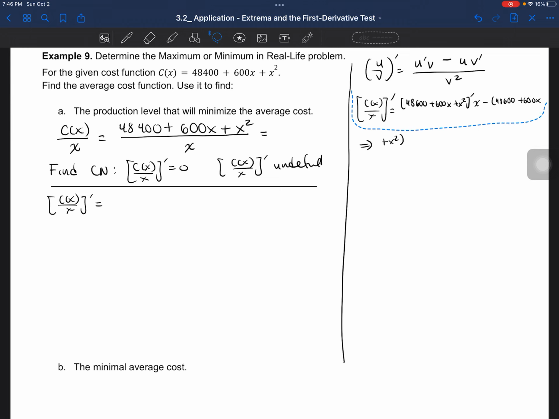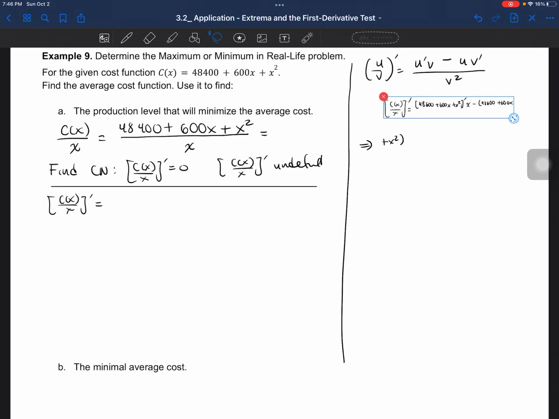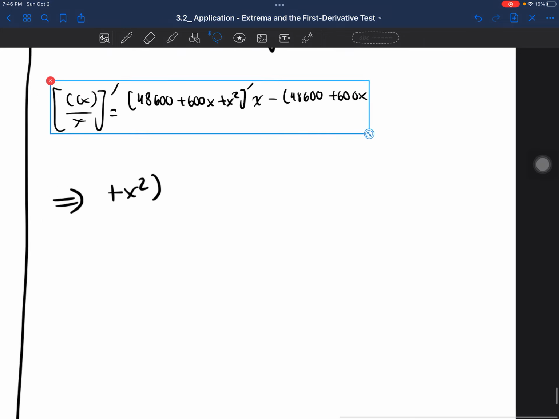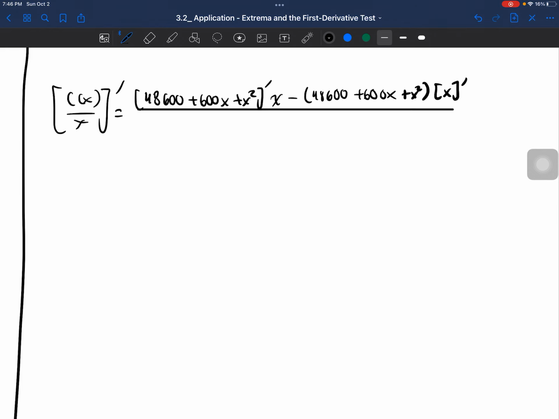Let's maybe make this even smaller and just zoom in here. So that would be plus x squared times the derivative of x. And then we're going to divide all that by x squared, right?